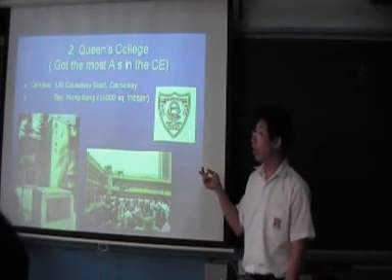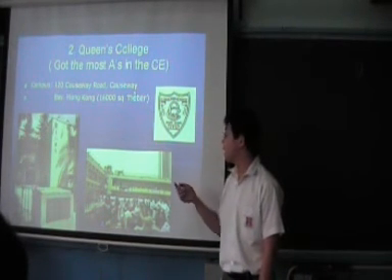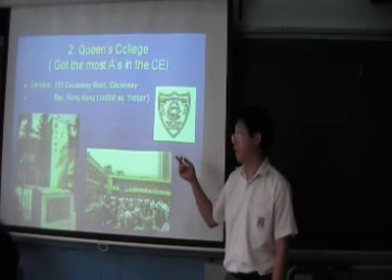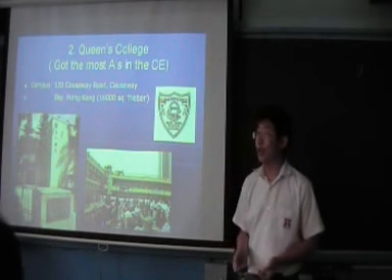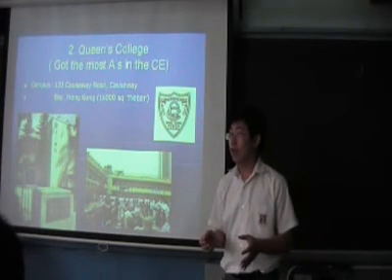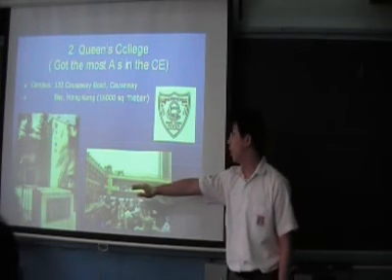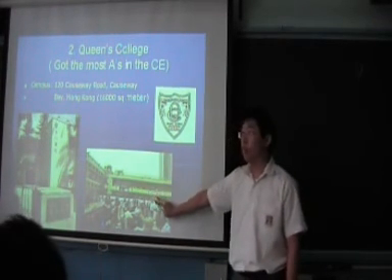It's more than 16,000 square meters. That is quite a big school in Hong Kong, compared with another school that you know. So we can see the campus of Queen's College. It's not a high building, it's just some low buildings, just 2 floors.